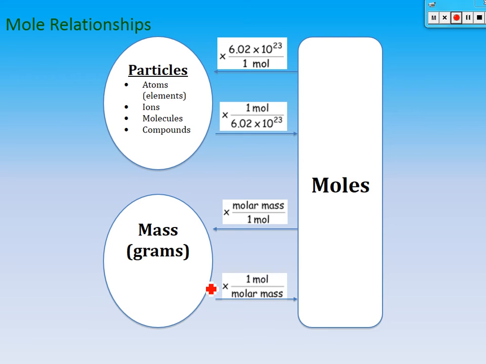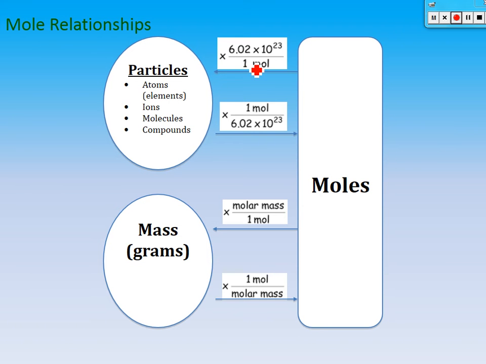This circle is for mass in grams. Okay, and then we've got this big rectangle over here, and that's for moles. And then in between moles and particles and moles and mass, I've got some arrows.